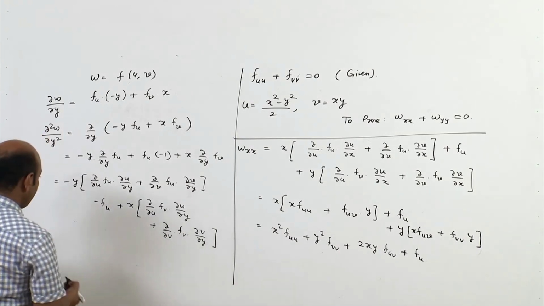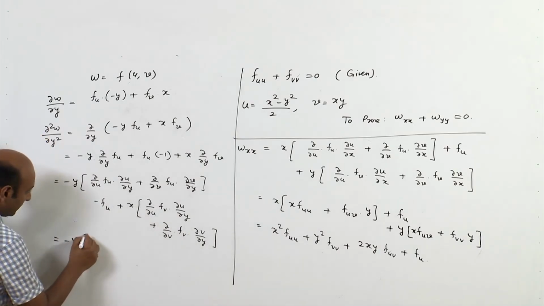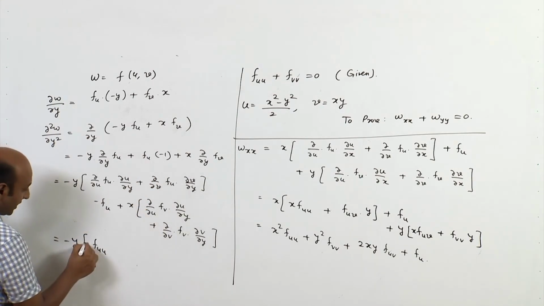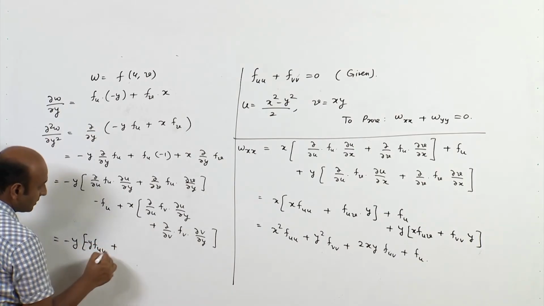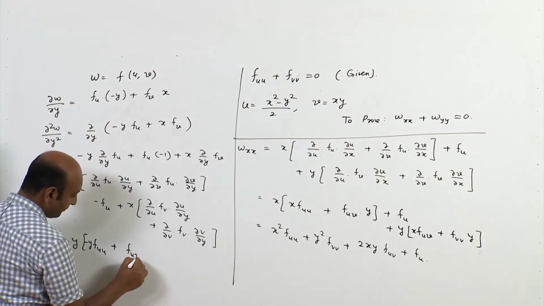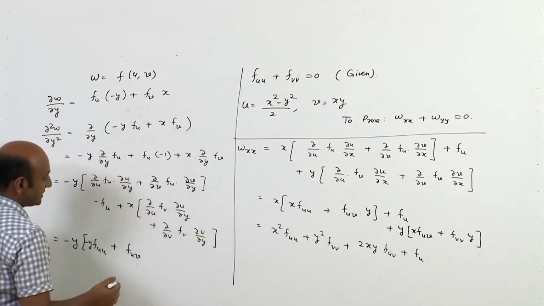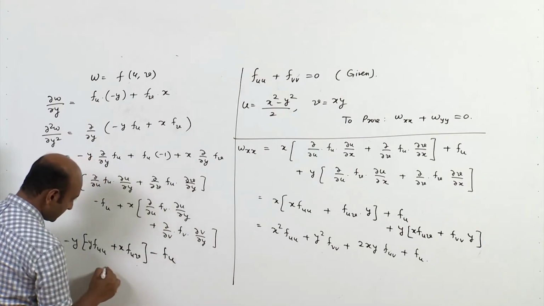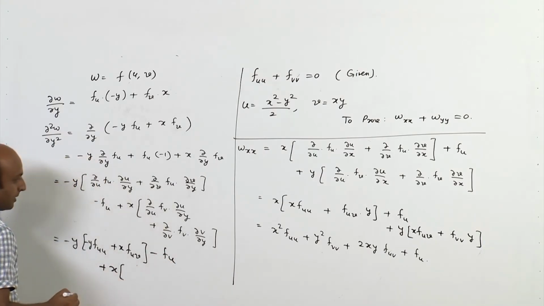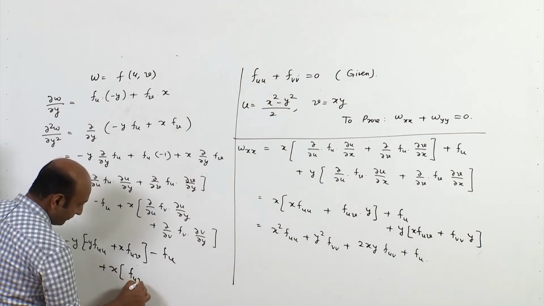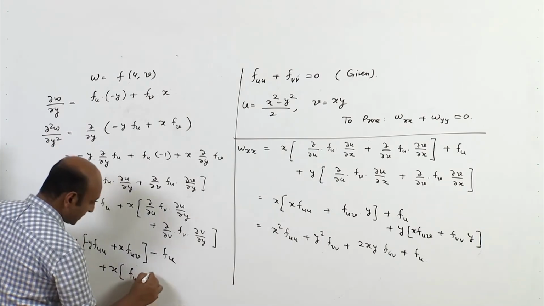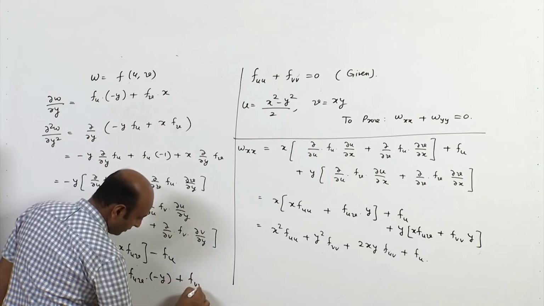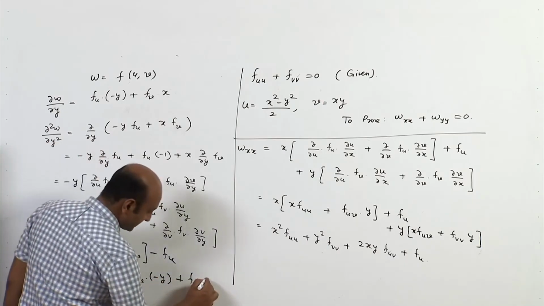Now, you can simplify it, minus y, it is f_uu, del u by del y is minus y, plus it is f_uv, del v by del y is x, plus minus f_u plus x times it is f_uv, del u by del y is minus y, plus it is f_vv and del v by del y is x.